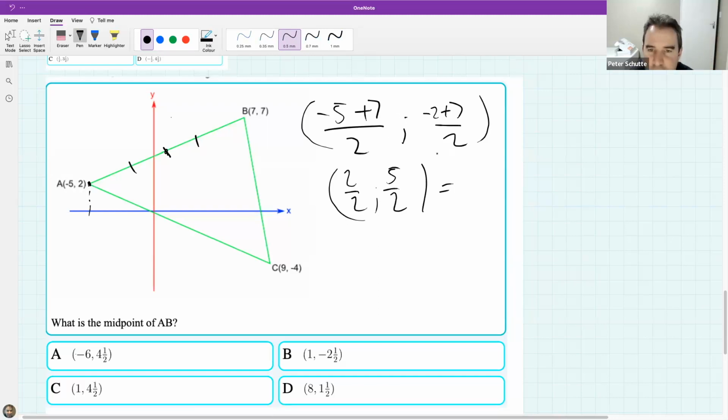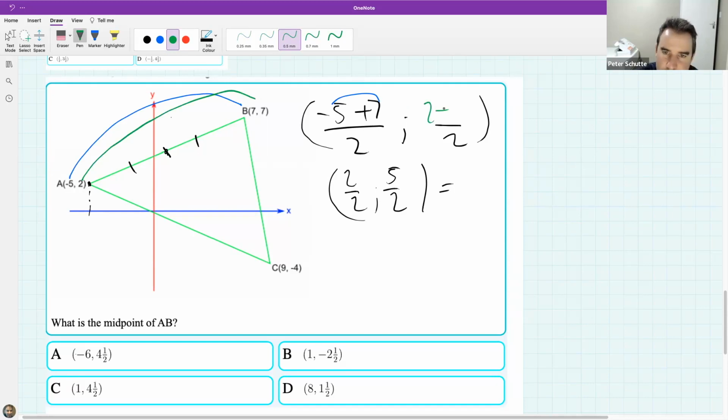Sorry, everyone. I have made a mistake. The y should not be negative. Let me reverse a little bit. So -5 and 7, they're happy. And then I should say 2 plus 7, which makes this 9/2, which then gives me 1 and 4.5.